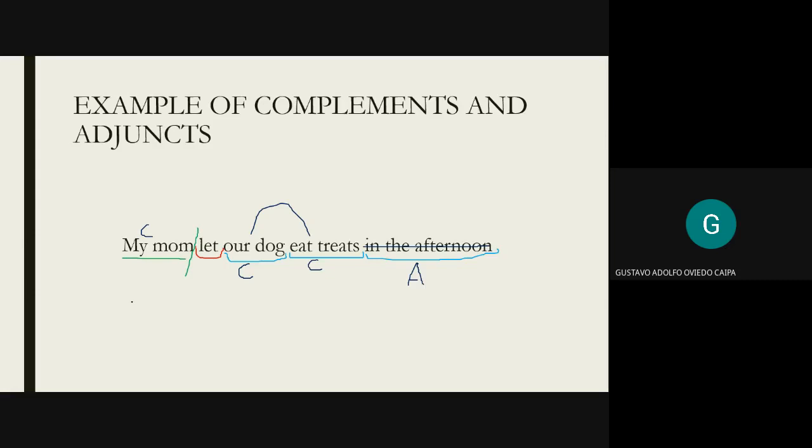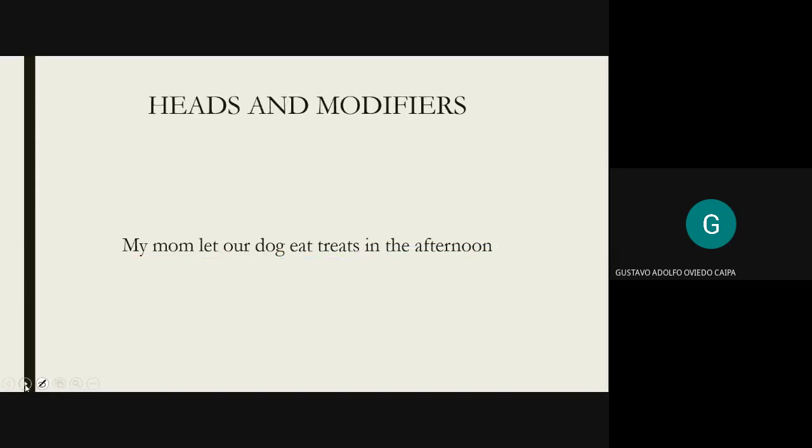All right, we're going to analyze the same sentence, but in this case from the perspective of heads and modifiers. That was complements and adjuncts. Now we are going to try to recognize heads and modifiers. Again, it is the same sentence. What I want you to tell me is which elements in the sentence are heads.